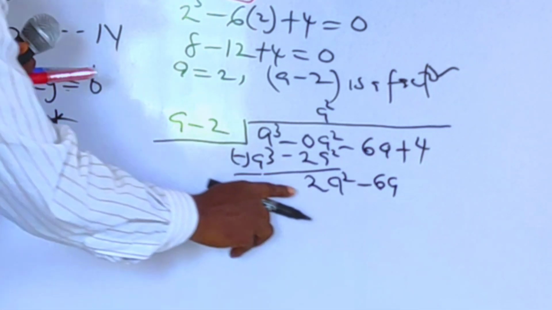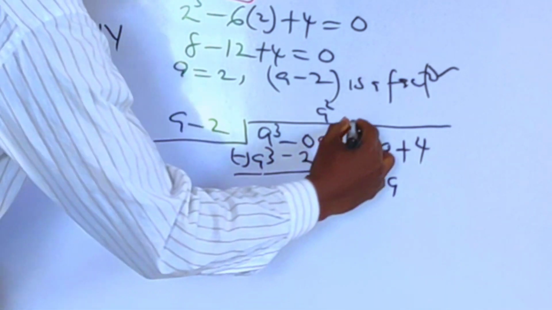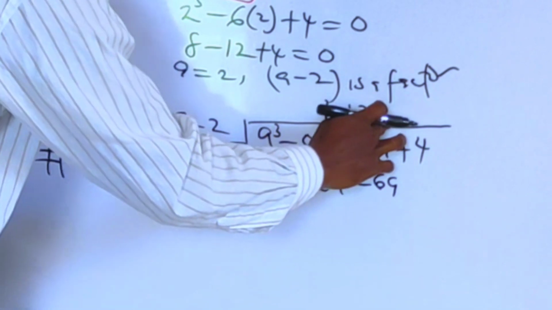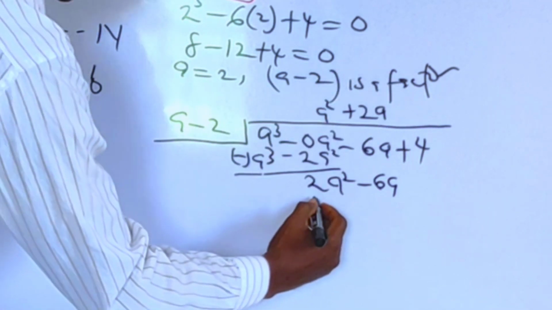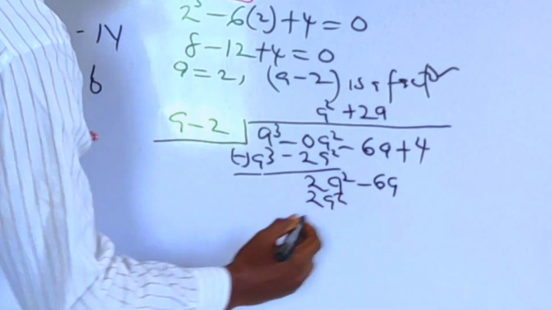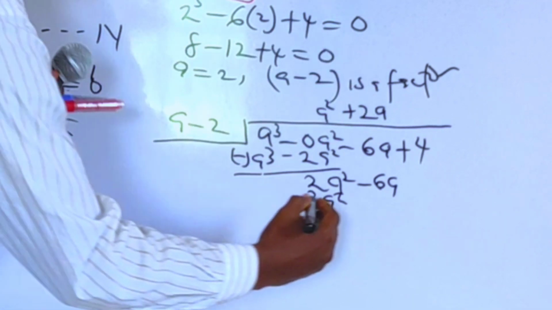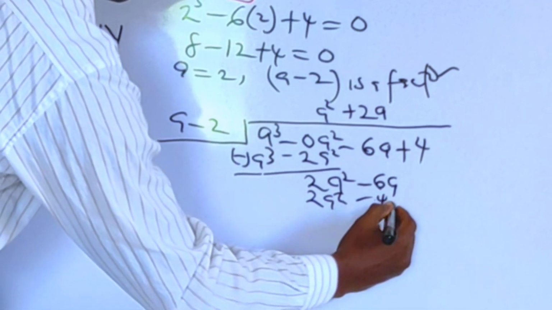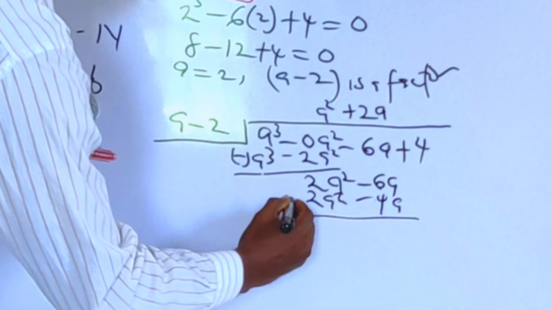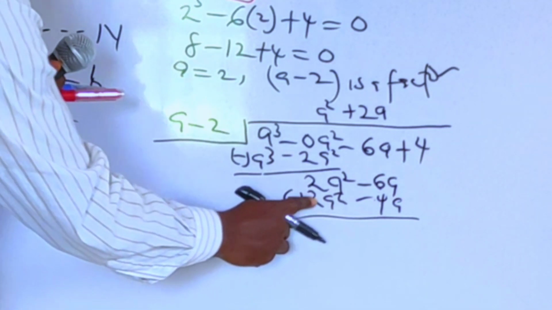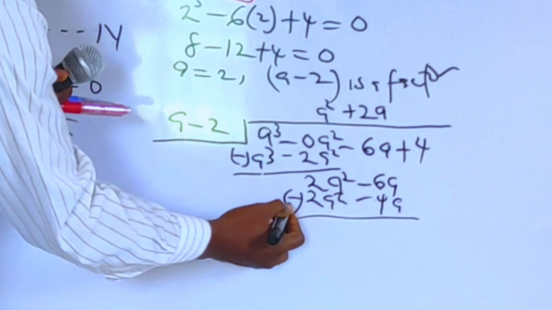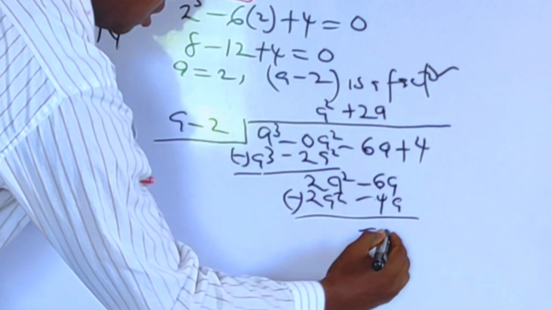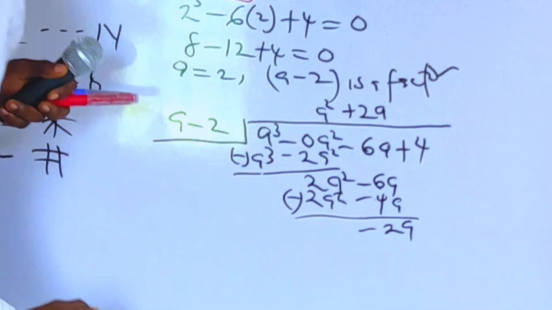Next, how many a can we get in 2a squared? That's going to be plus 2a. Plus 2a multiplied by a gives 2a squared, and minus 2 multiplied by plus 2a gives minus 4a. We are subtracting again. This is gone. Negative 6a minus negative 4a becomes positive, and that's going to be negative 2a.